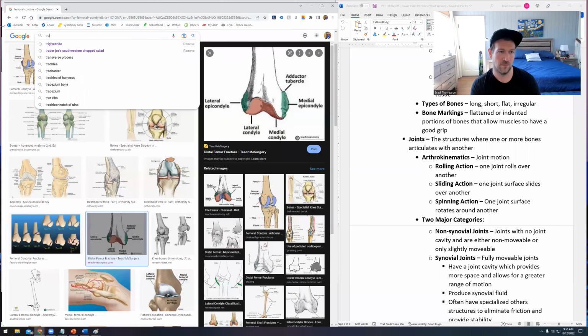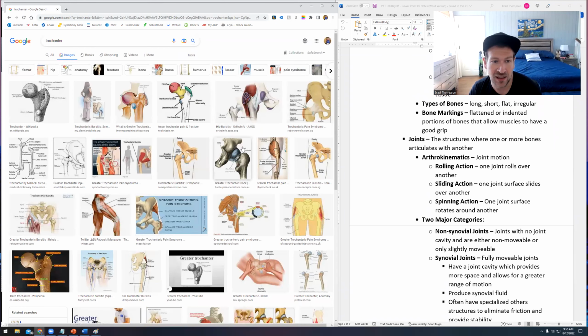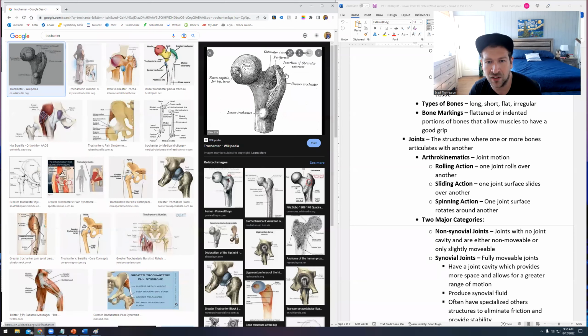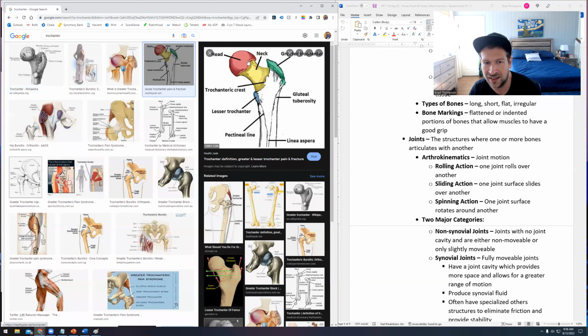That's another one, right? So a trochanter is a projection from the bone, right? So you can see here this knob, like there's the head of your ball and socket joint there, right? Like that sits into your pelvis. And then look at this big old dent right here. That's called the greater trochanter of your femur.